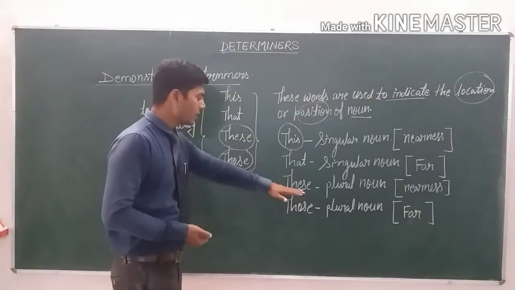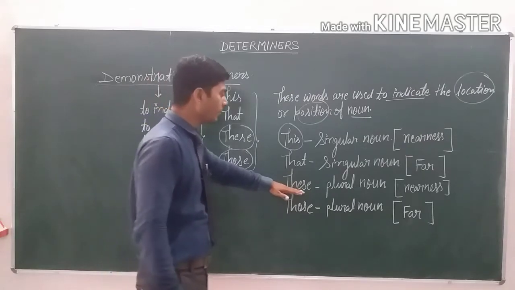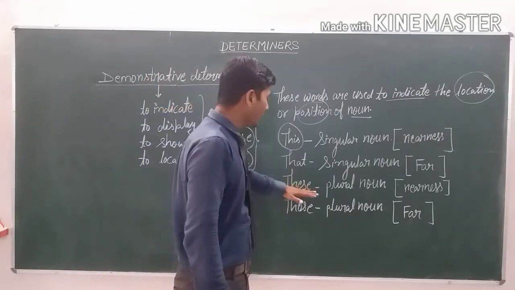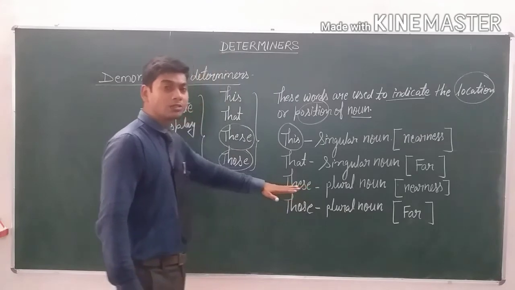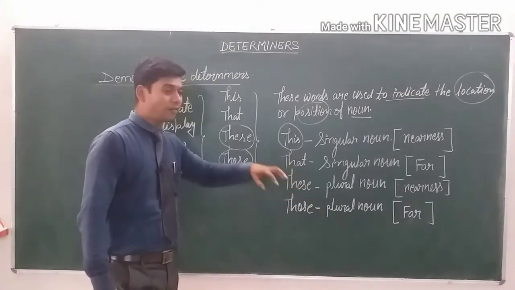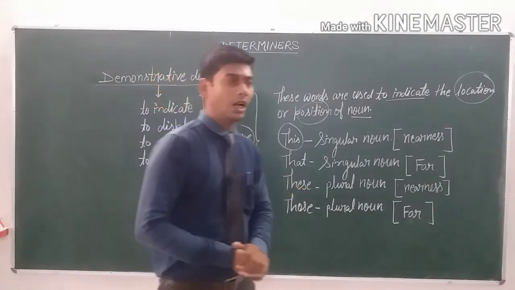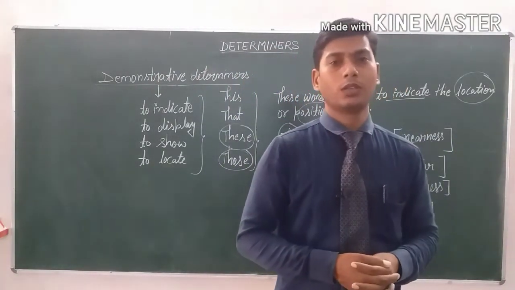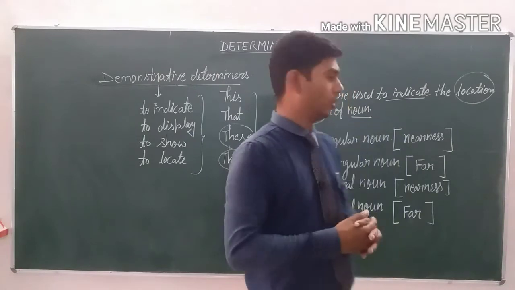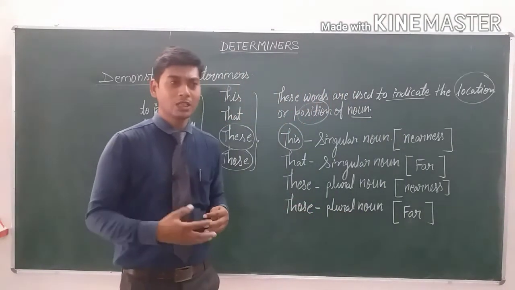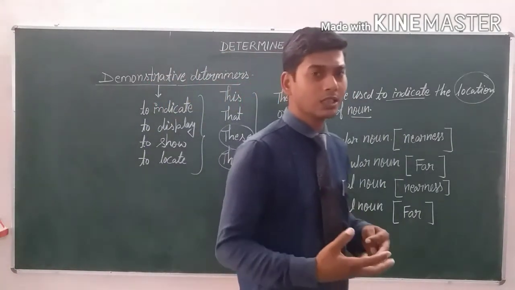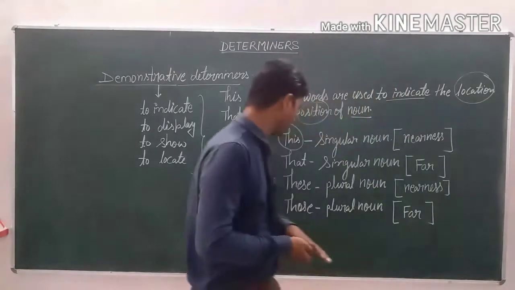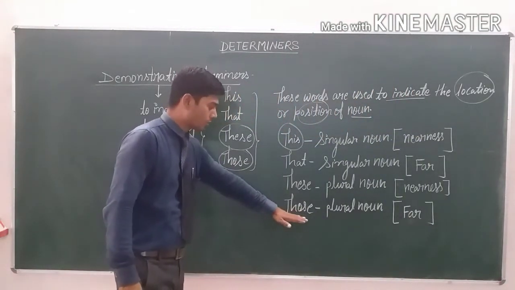Next thing is these. It means we will use the demonstrative determiner these in the sense of nearness, and things will be in the plural form, more than one. Toys, boys, students, girls, like this. Last word, those.